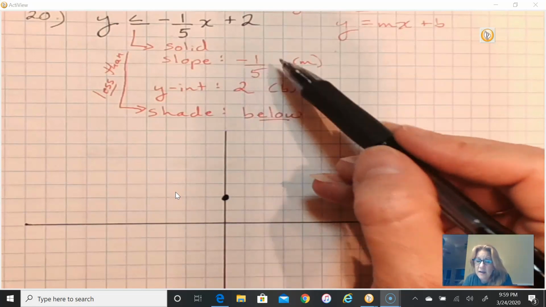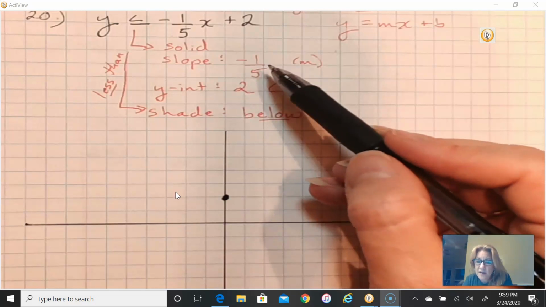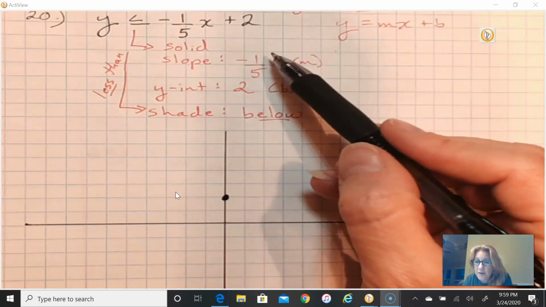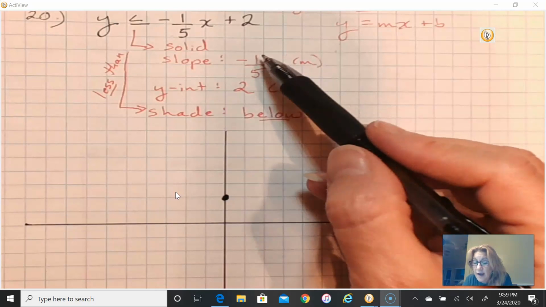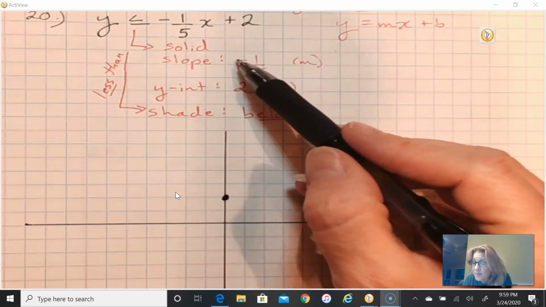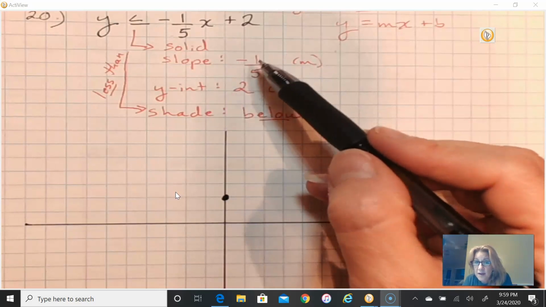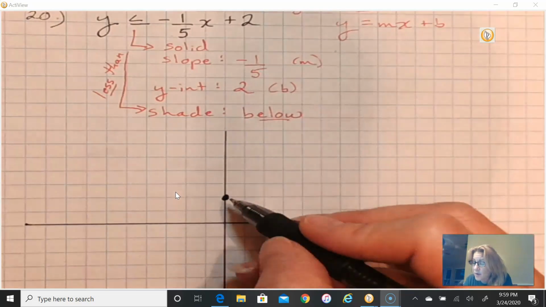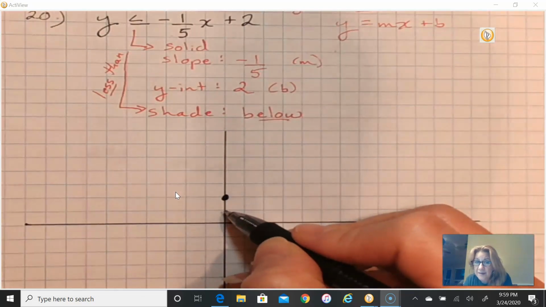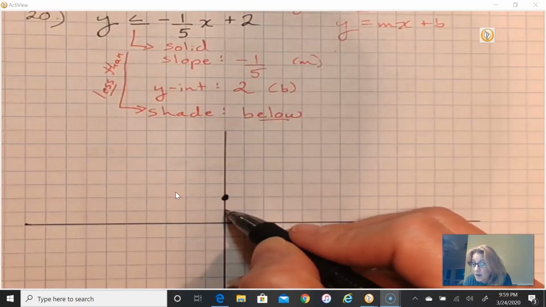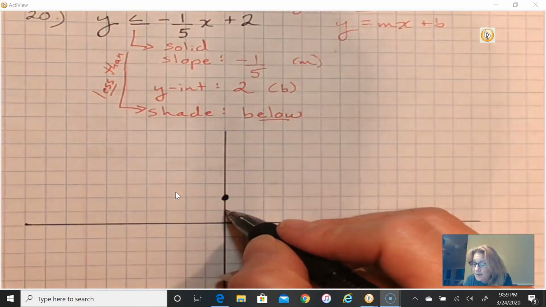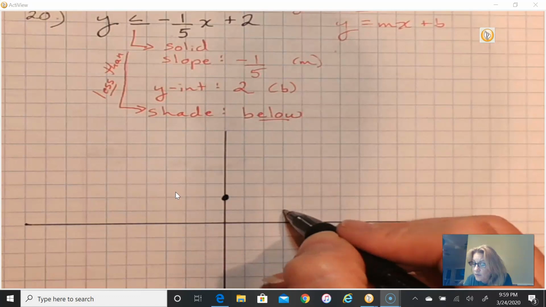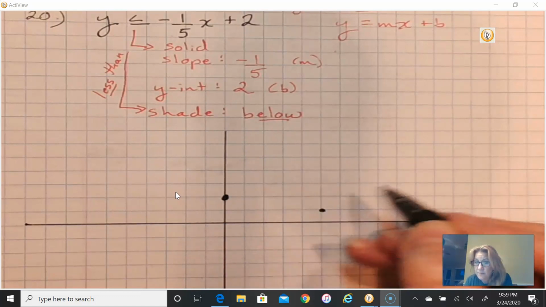And don't put these in mixed numbers. If this number on top is bigger, it's okay because it's rise over run. So that minus is with that 1. That's a +5. So I'm going to go down 1 because it's negative, but that 5 is positive. So instead of going left, I'm going to go right because it's positive. Down 1 because it's negative, and then +5. 1, 2, 3, 4, 5.